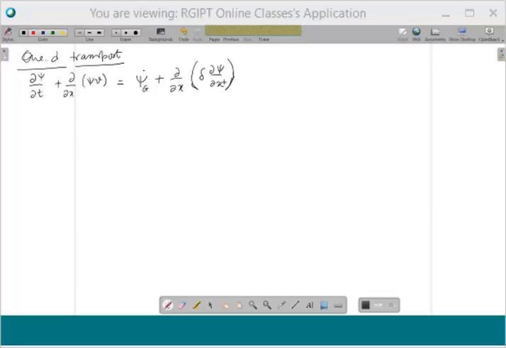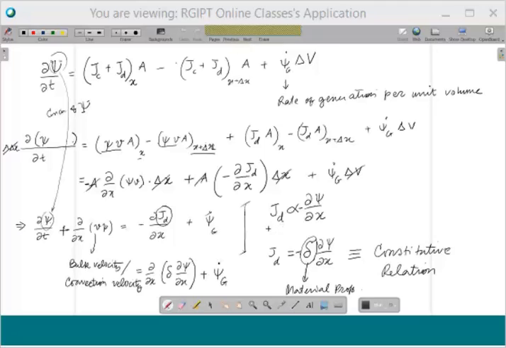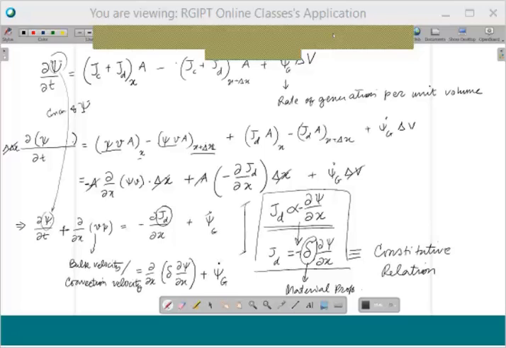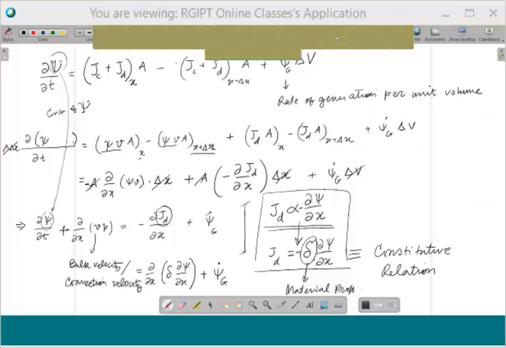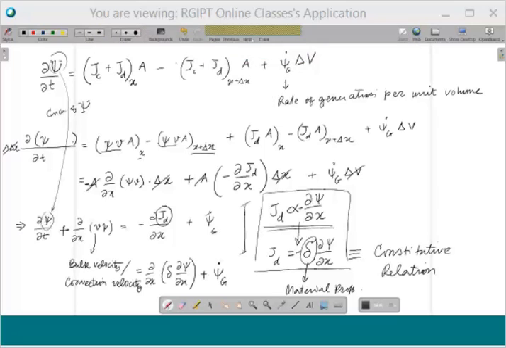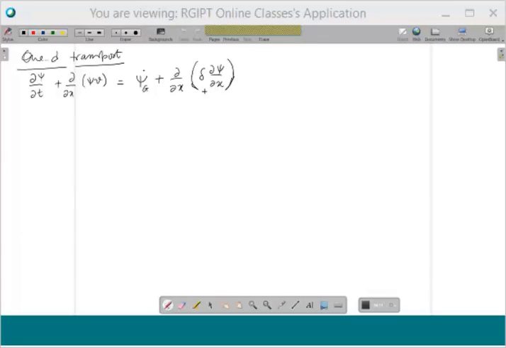Now let's just look at this relationship in the context of different quantities psi. As I showed you, this is basically the diffusive flux.